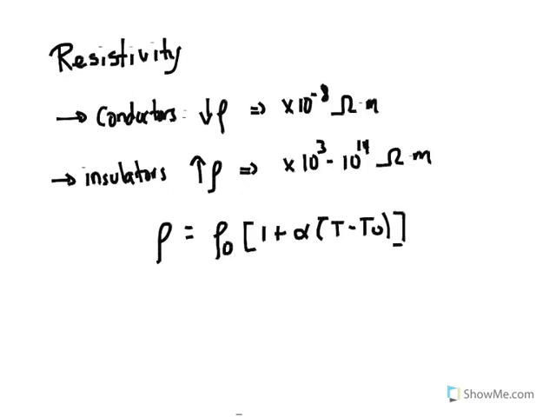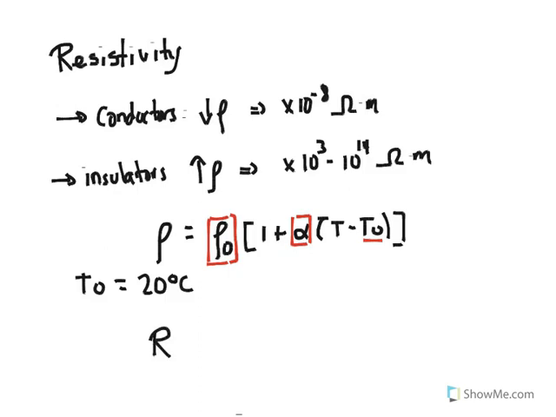Usually, the reference temperature that is reported is 20 degrees. So these constants, alpha, which is the temperature coefficient, and the original resistivity at 20 degrees Celsius are usually reported in literature.